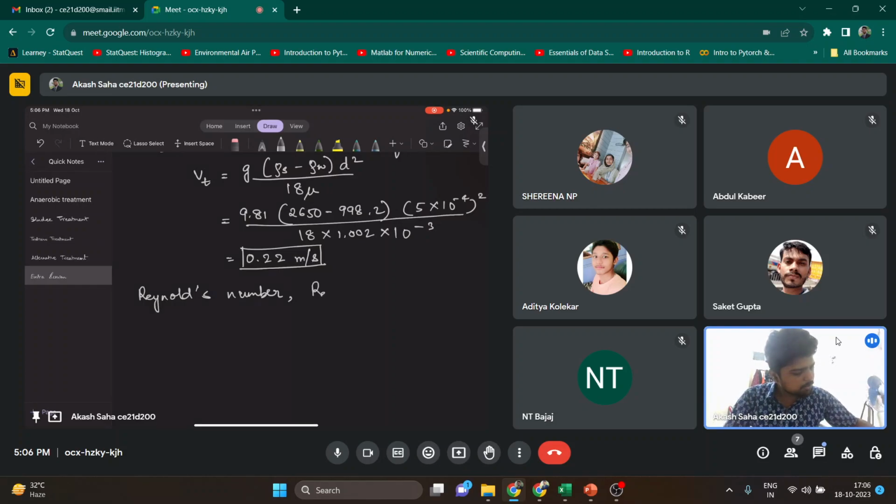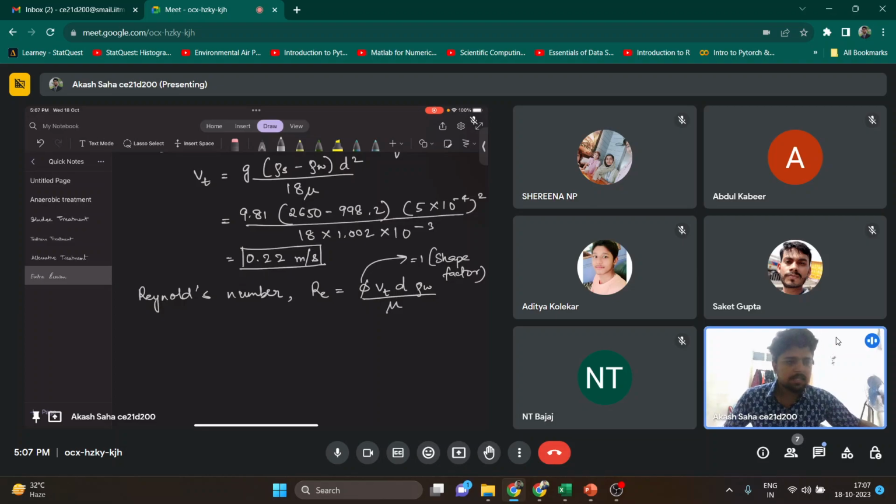So my Reynolds number Re will be equal to phi Vt d rho w by mu. Here this phi term will be equal to 1. This is also known as the shape factor.